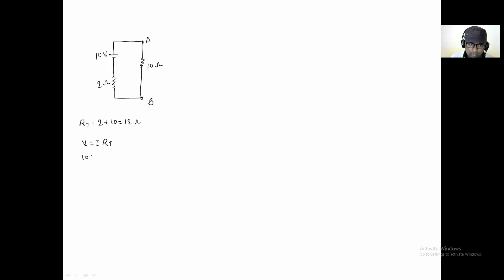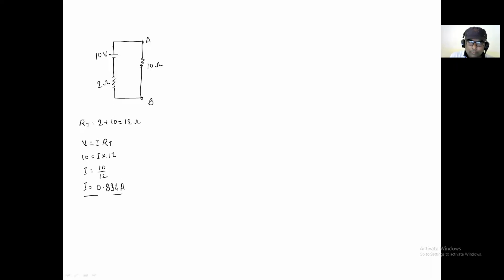V is 10, I into 12. So I becomes 10 divided by 12, so I is equal to 0.833, or 0.834. Okay, this is the value of I.